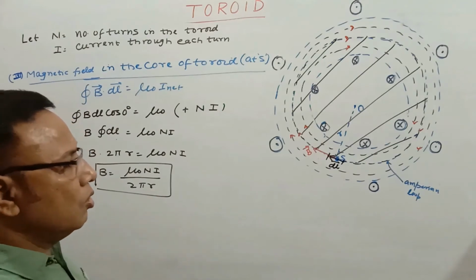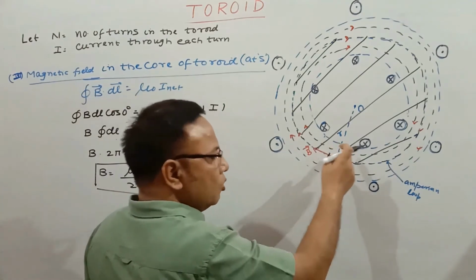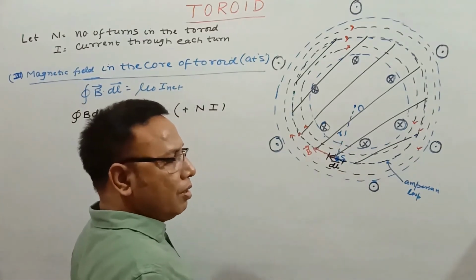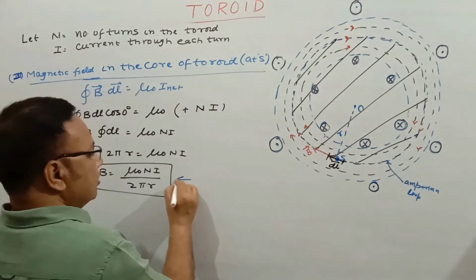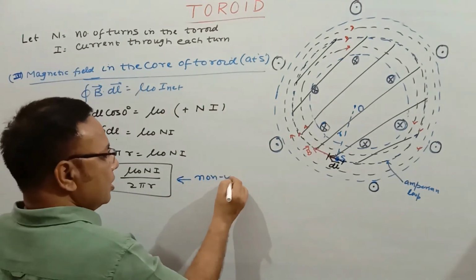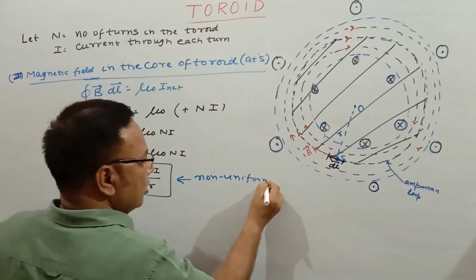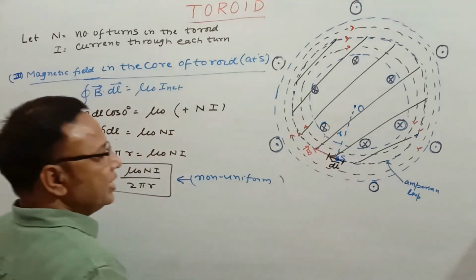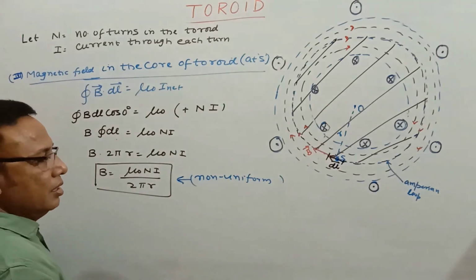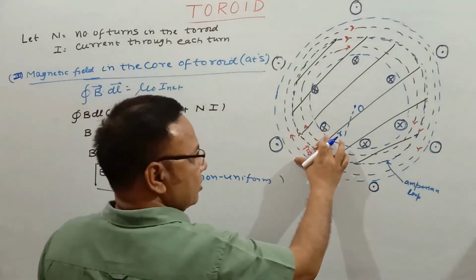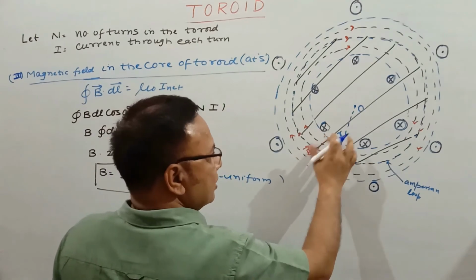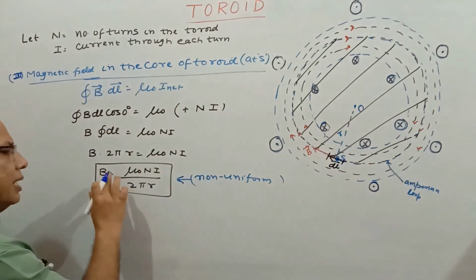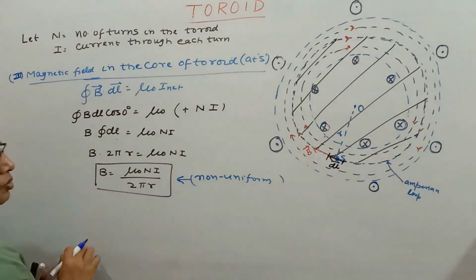B is not a constant value inside the core. It is non-uniform inside the core, the value of B changing with distance with respect to the average radius. Now if the width of the core is much smaller than r, then it can be taken as almost uniform.